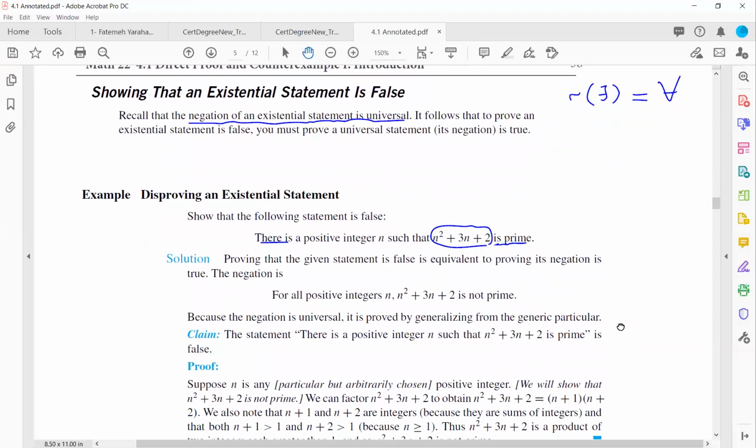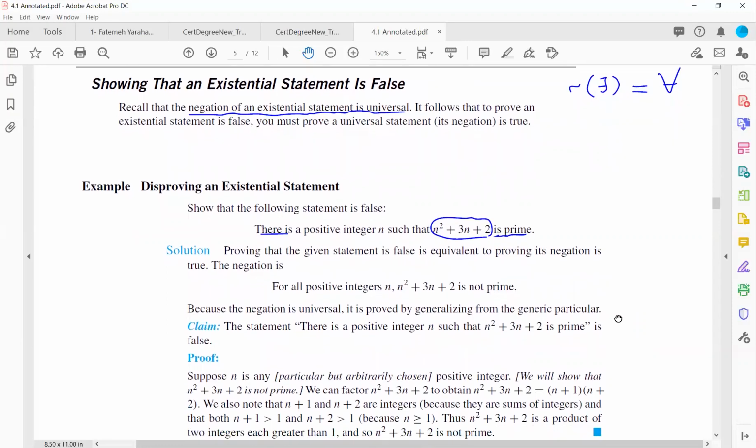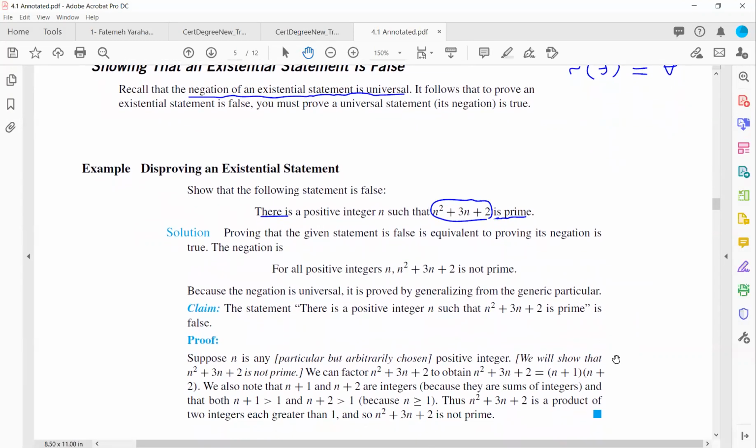If you write down n squared plus 3n plus 2 in factored form, n plus 1 times n plus 2, first of all, both of these numbers are greater than 1. None of them is equal to 1.